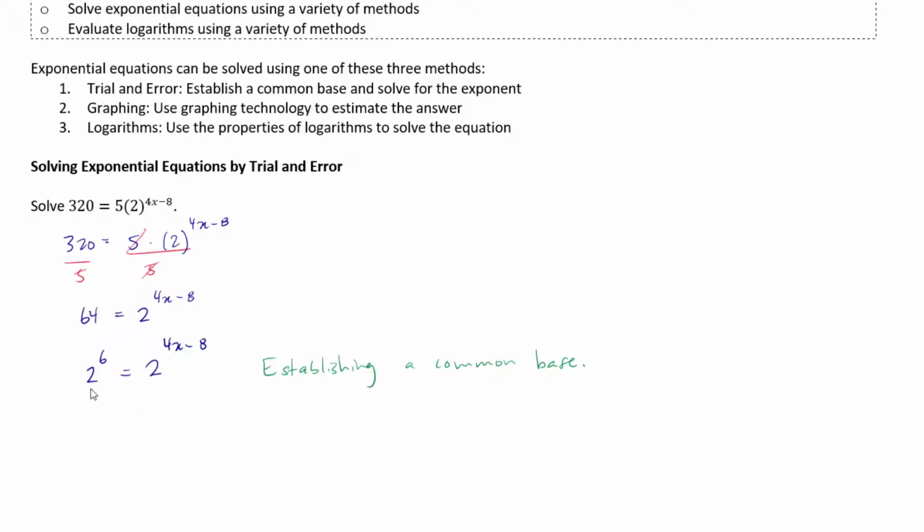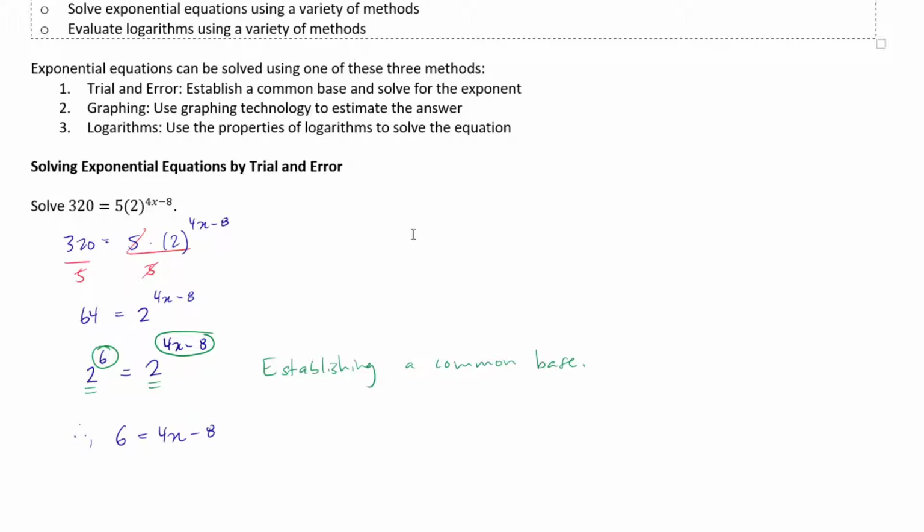So we establish the common base of 2. That means 2 to the power of 6 is equal to 2 to the power of some number. But if these two numbers are equal, then that means that this exponent here must be equal to that exponent there. So I write, therefore, 6 must be equal to 4x minus 8.